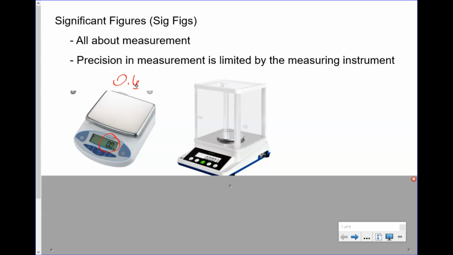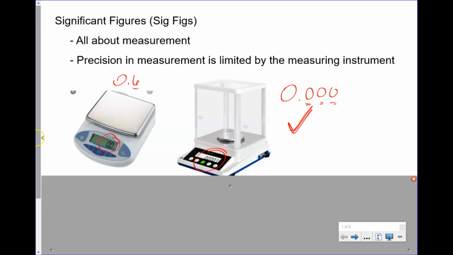It's only precise to the tenth of a gram. Whereas a balance like this, if you could blow that up, you would see that it's out to the thousandth of a gram. So it's pretty obvious which one of these instruments is going to give us the most information. It's going to be more precise. It's the balance over here that's got the measurement out to the thousandths place. So we're limited in precision by the instrument that we use.